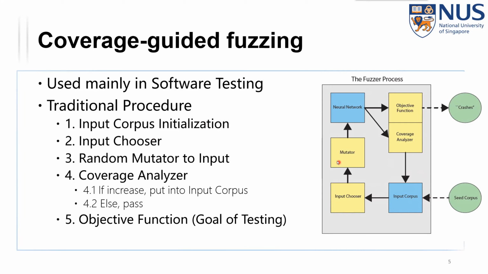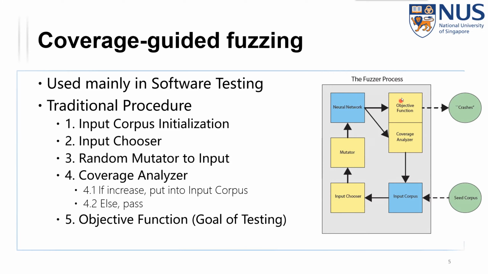Then it will apply a mutator to the inputs chosen in the previous step. Then the mutated inputs will be fed into the software. Although it's a neural network here, it's actually software, so a neural network can be viewed as a special software. The input after mutation will be pushed into the software to see 2 results.